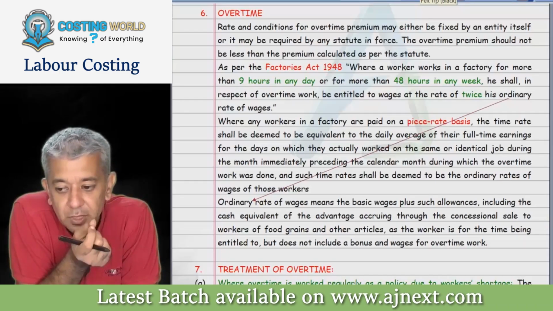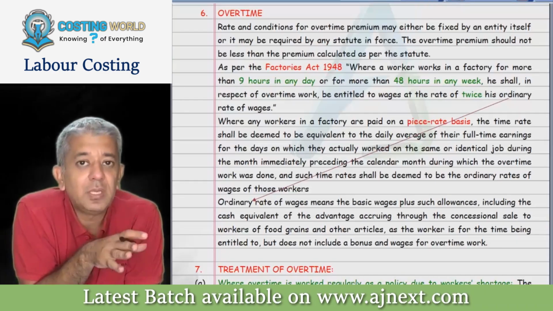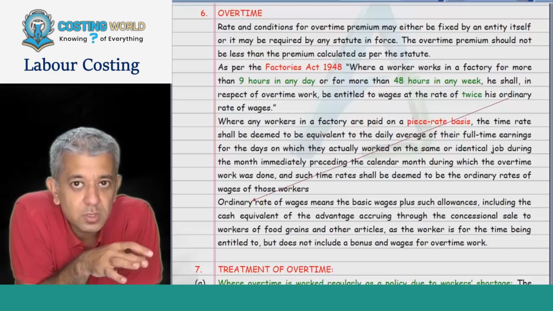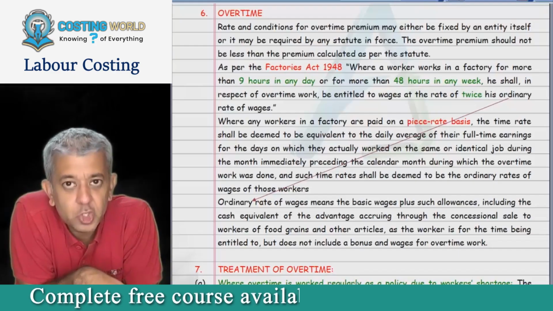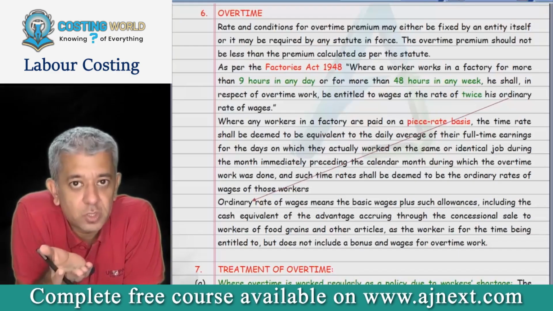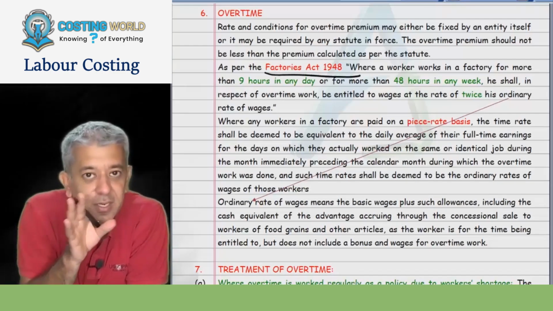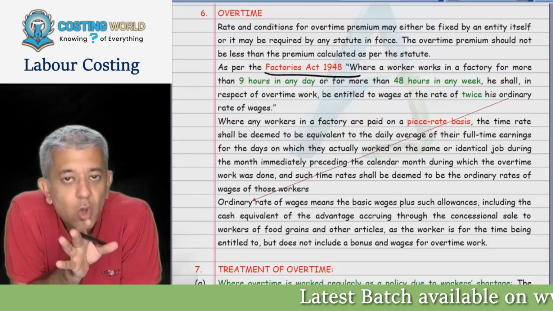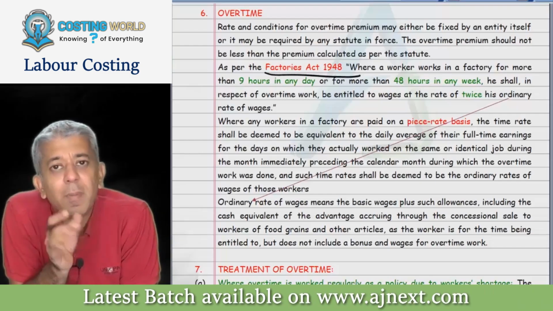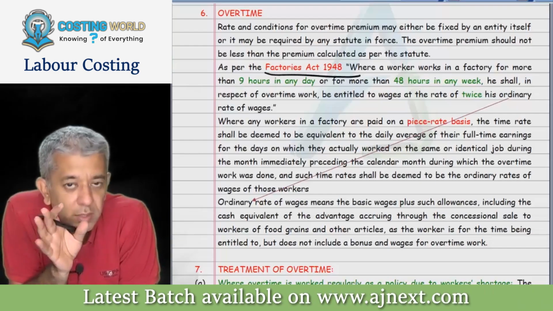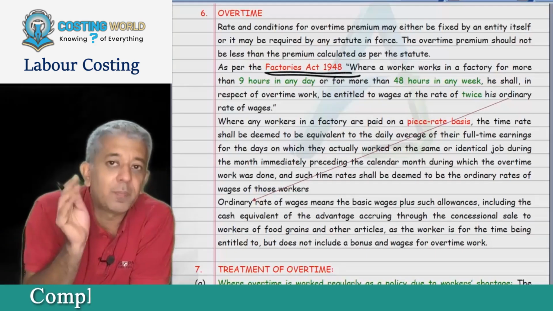Either a company can make rules which provide more wages to the worker as compared to the Factories Act, or it might not provide any rule. Then in that case, the Factories Act will apply.